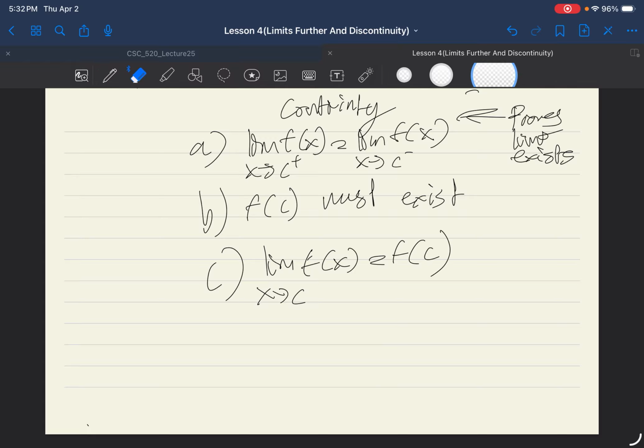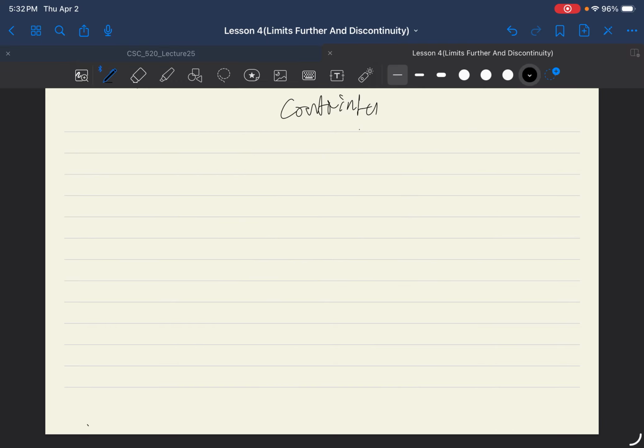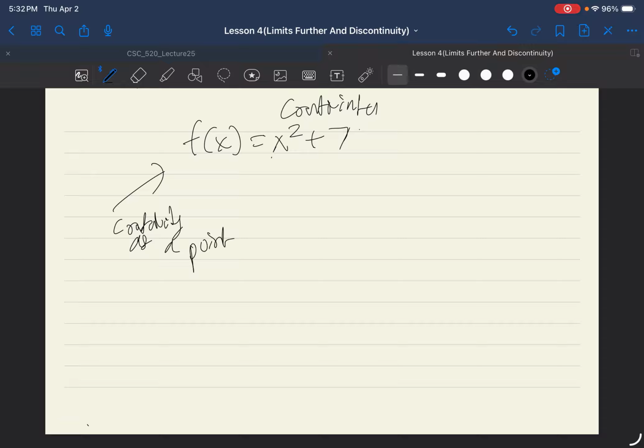All right. Let's look at a practice problem, and then I'll let you do one on your own, and I'll obviously solve it. So let's say f of x will be equal to x squared plus 7, right? And then let's say we're trying to find continuity at a point x equals 4.